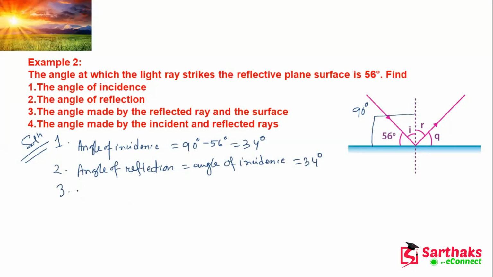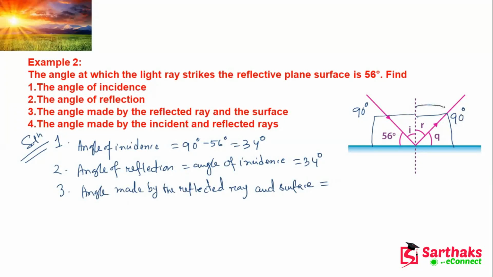Then the angle made by the reflected ray and the surface. This total is also 90 degree. Now if this is 34 degree, this will be 90 degree minus 34 degree, which equals 56 degree.